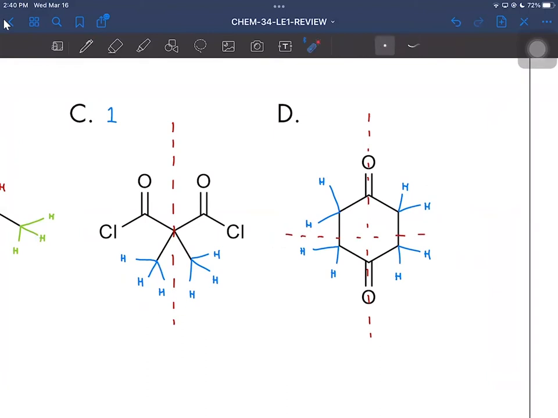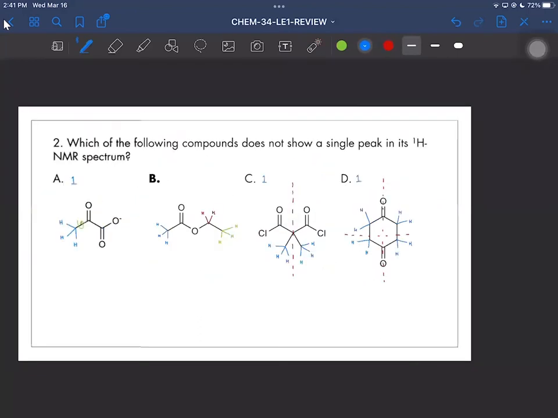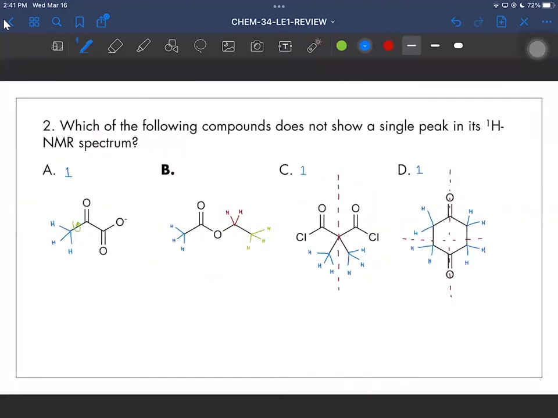And so, yung 4 methylene groups natin dito sa vertices ng hexagon are actually all chemically equivalent. So these 4 sets of hydrogens are just chemically equivalent. So they will all comprise just one peak sa H-NMR spectrum niya. Let's go back to letter B.